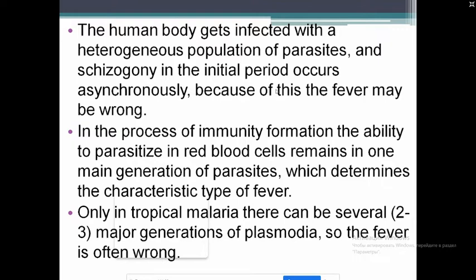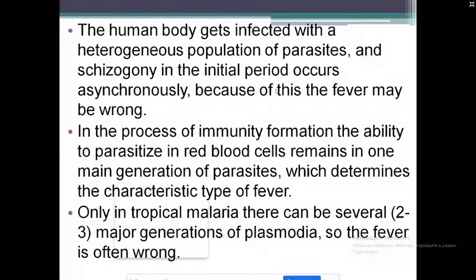The human body gets infected with a heterogeneous population of parasites, and schizogony in the initial period occurs asynchronously. Because of this, the fever may be irregular, as it may be in case of falciparum malaria.